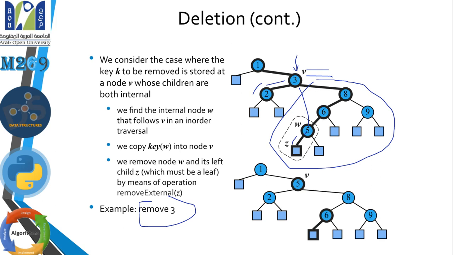We keep one child because this one will be connected with the 6, as you can see here. This is the remaining child which is going to be connected with the 6. So the key point is to copy the key closest to the internal node which we are looking to delete.